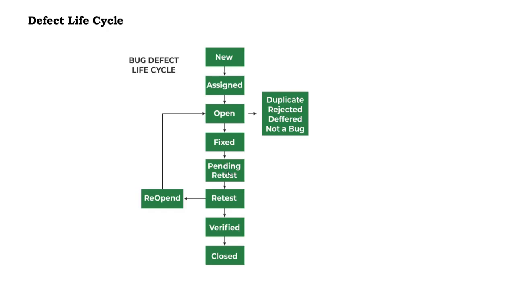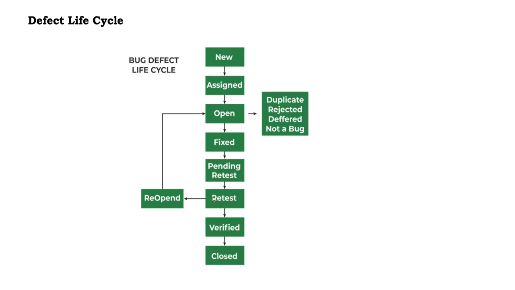Pending retest is where we, as a QA team, have to pick the ticket up and start to retest. So it is our job now to retest the defect. In case the defect is fixed and it is working as expected now, our requirement is met, then we can move the status to verified and then mark it as closed.